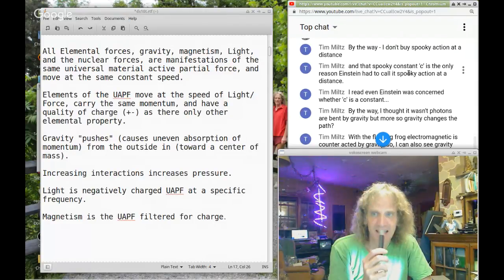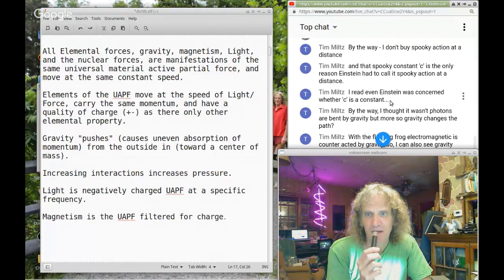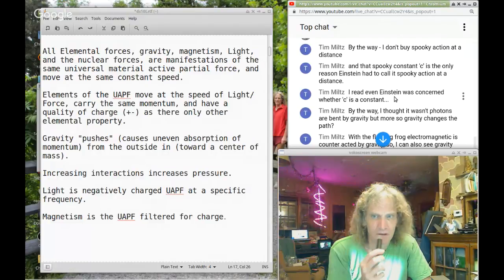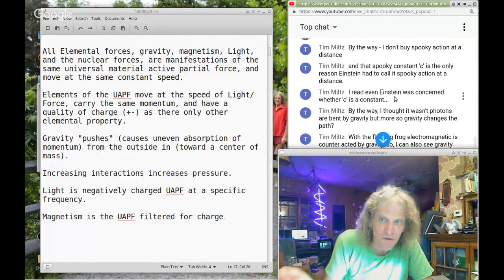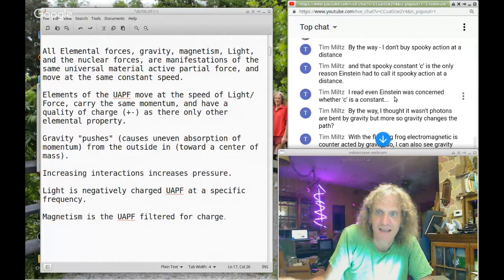I read even Einstein was concerned whether C is constant. I just don't know how anyone could possibly be concerned. I just don't know how you people come up with this idea that there's any possibility of a concern.